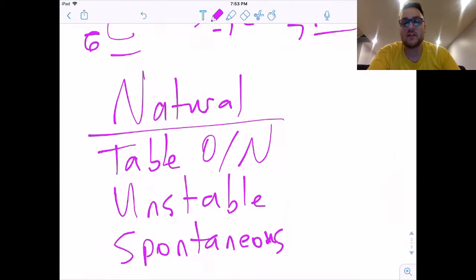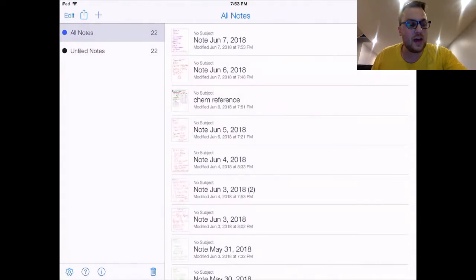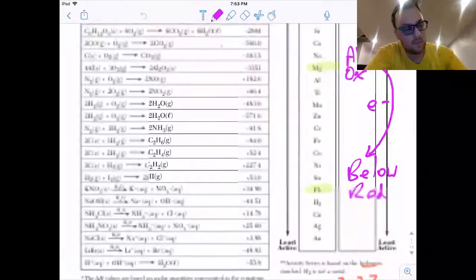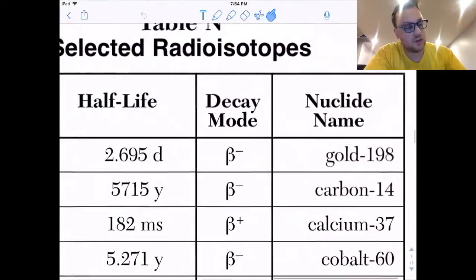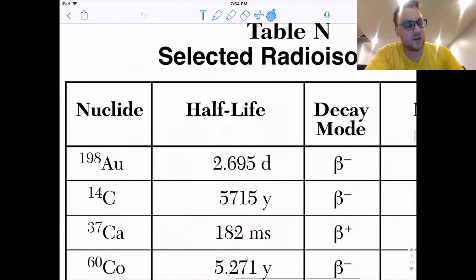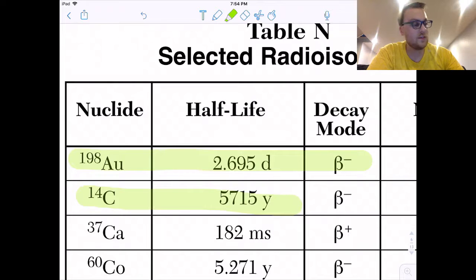Everything on table N, if you look at table N, all of their transmutations are given, and so are their half-lives. So gold here decays every 2.7 days and releases a beta particle. Carbons, every 5,700 years, releases a beta particle. Calciums, every 182 milliseconds, releases a positron particle.